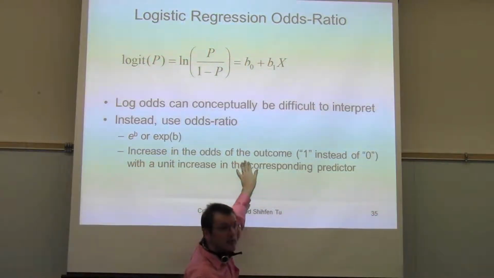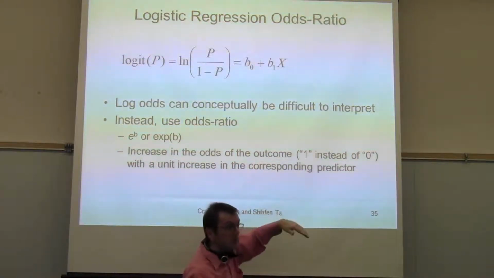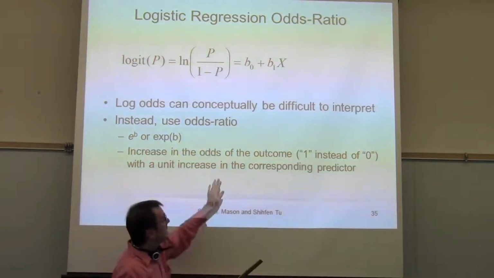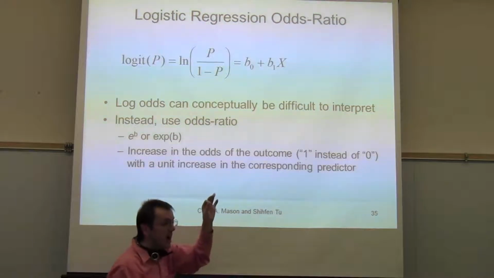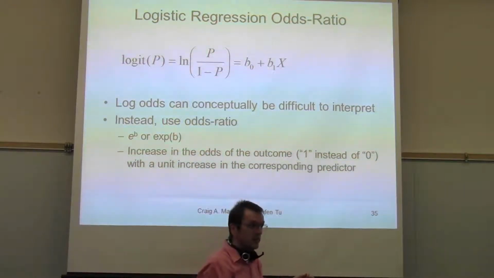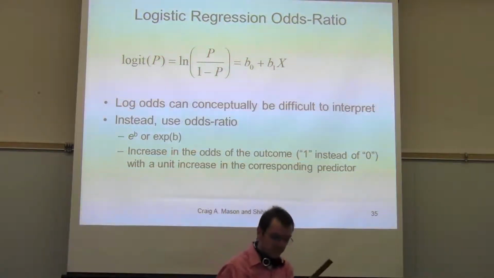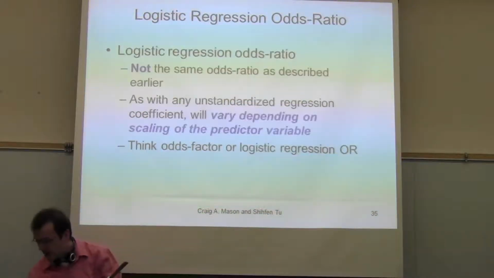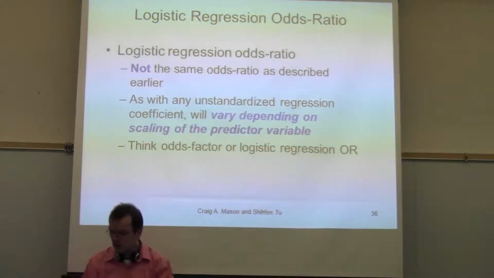So the odds of the child dropping out go up or down, because it could be going either way, as we'll see in just a sec. So what's the change in the odds of the outcome with a unit increase in x? It's not the same as the odds ratio that we described earlier.